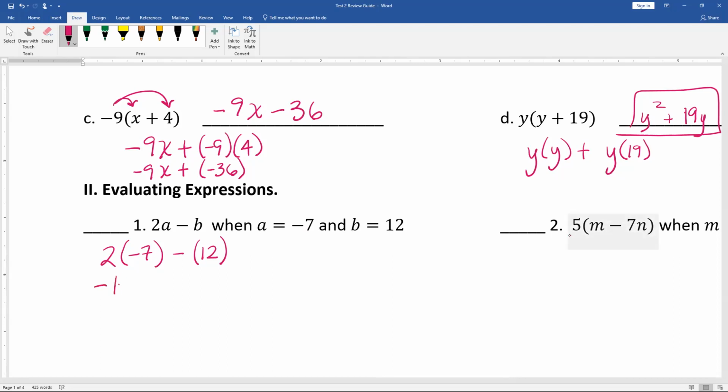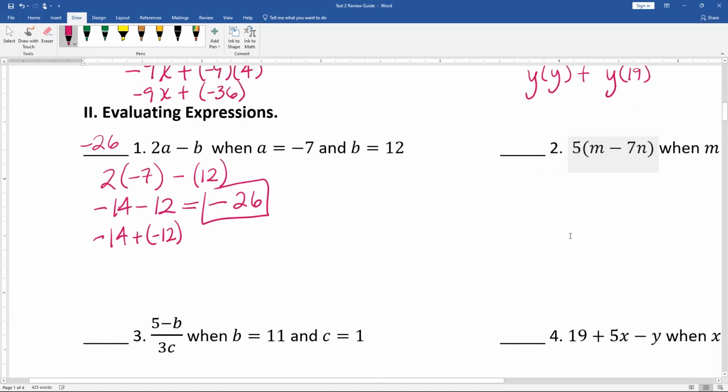Negative 14 minus 12. Are these like or unlike? They are like. So what do we do? We add them. And are they positive or negative? Yeah, they're negative. If you want to make sure they're like, then you change the subtraction to addition. You see they're both negative. 14 plus 12 is 26. So negative 26 is our answer. Easy peasy.